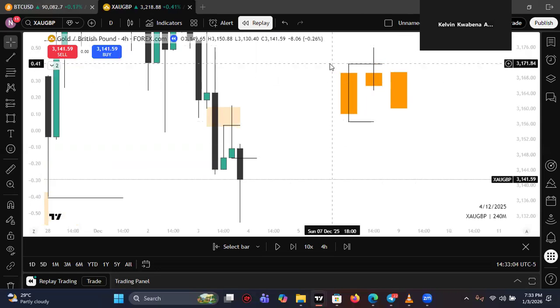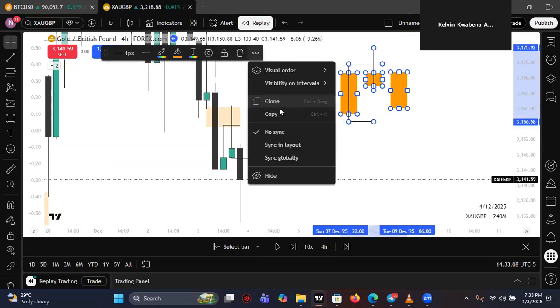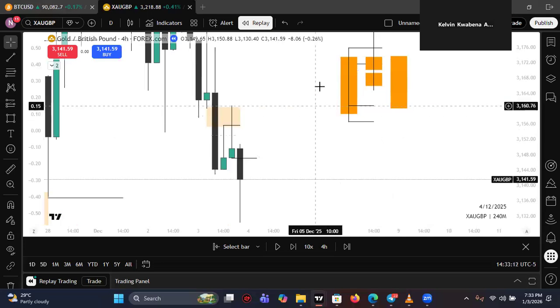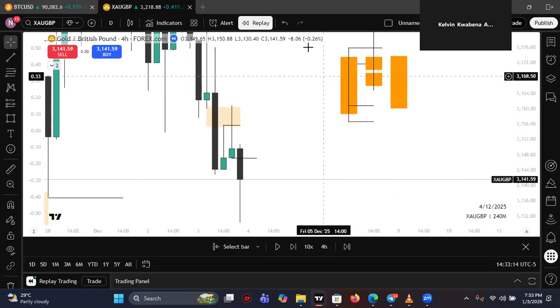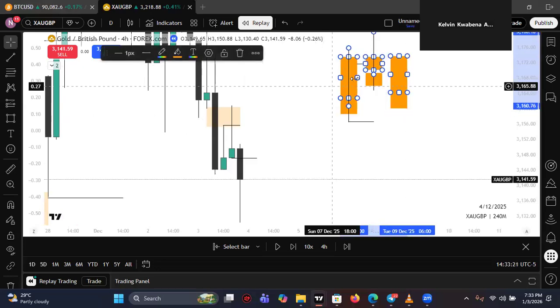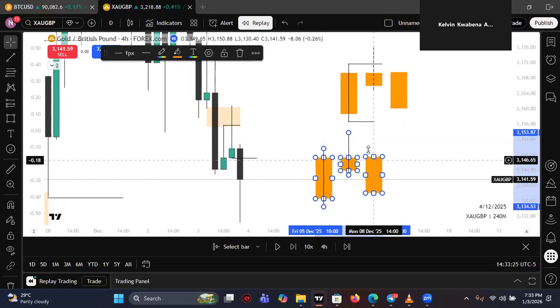Because for the reversal signature, let me see if I can turn this, I can clone this. Is there a way I can turn this?